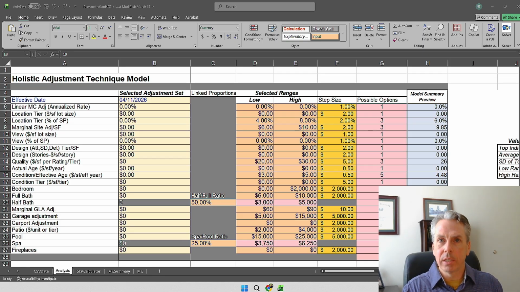We should not try to artificially get our standard deviation to zero, have every sale adjust to the same number, because that's not actually recognizing the reality of the market.